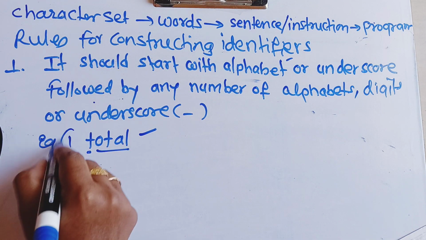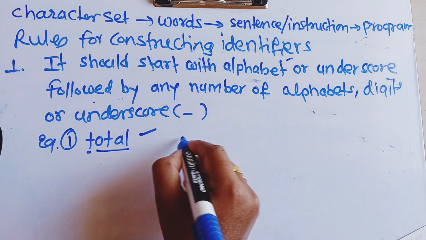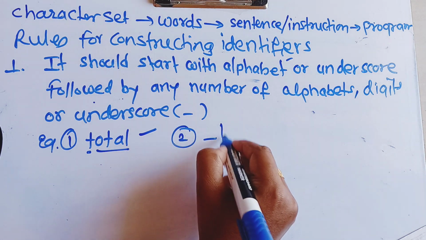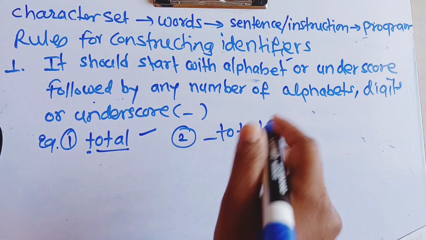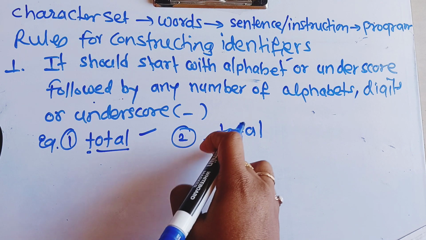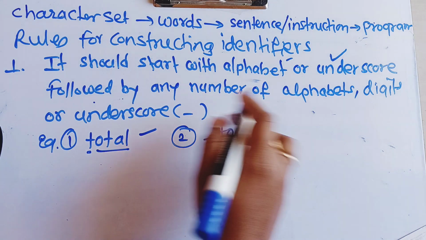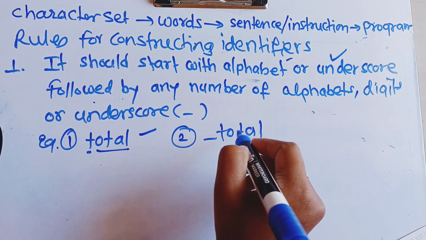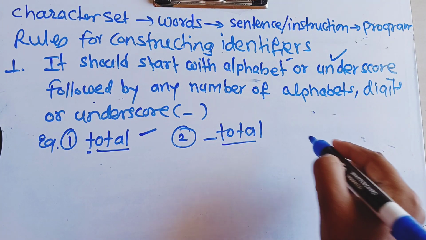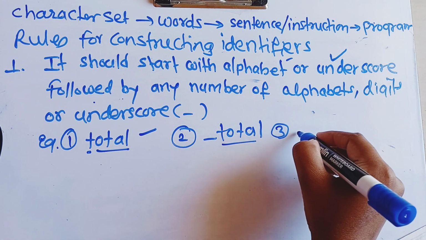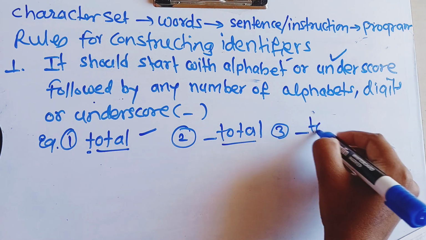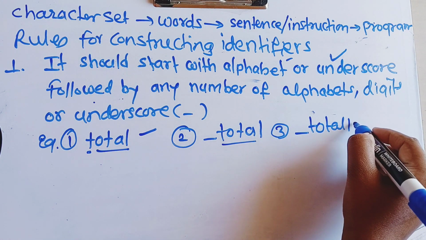Let's take another example. Let's say I am using _total. Is it allowed? Yes, it is allowed because it is starting with an underscore. It is satisfying this criteria, followed by any number of alphabets, digits or underscores. So it is followed by alphabets, so it is allowed. Let's say I am using total123.